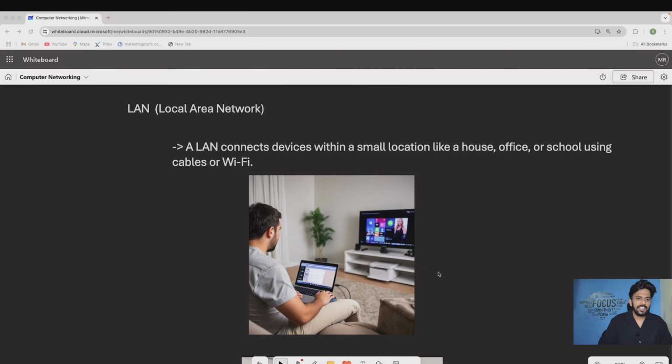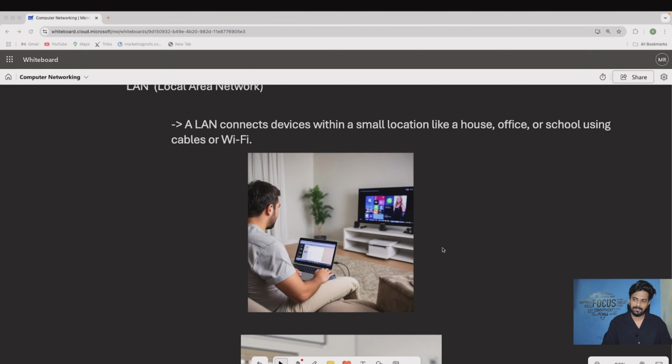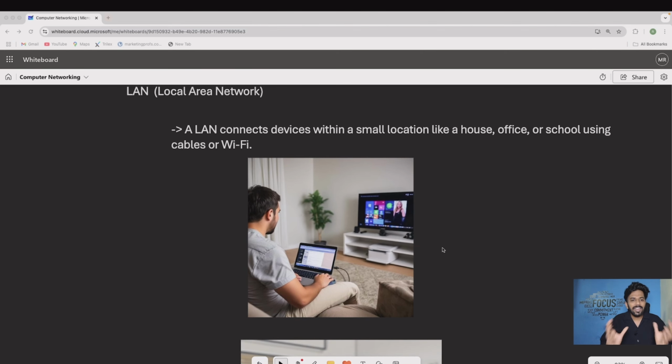In his home he is using a laptop, printer and smart TV, all connected to a router. So what does the router do? It shares the internet, the files and even print jobs among these devices. So this is called a local area network setup: a group of devices connected to one router and sharing information among themselves.